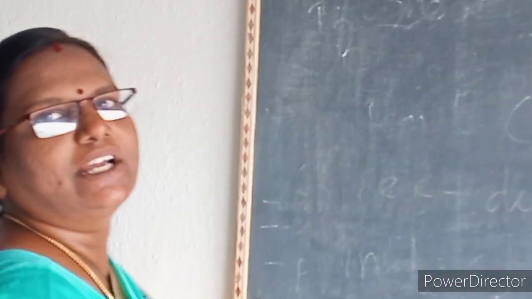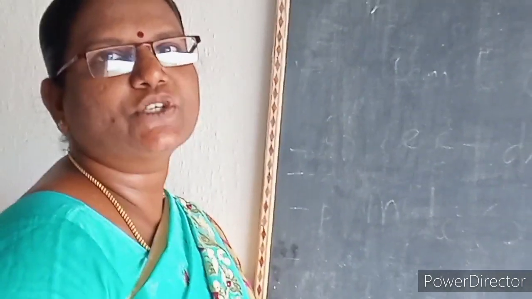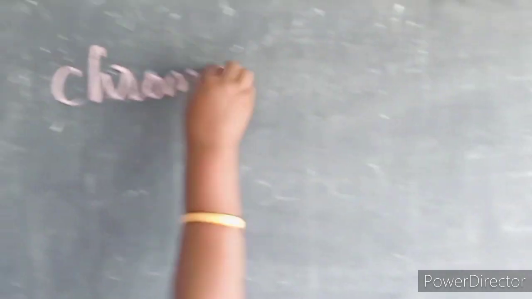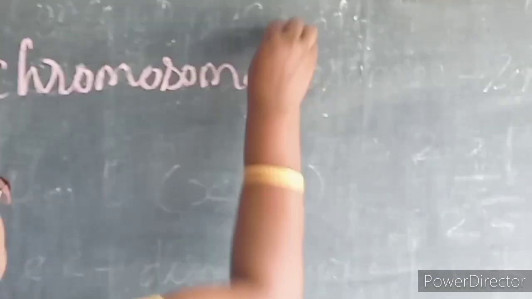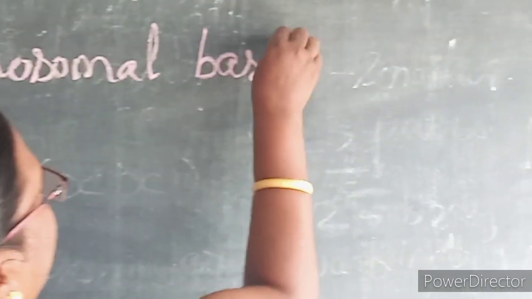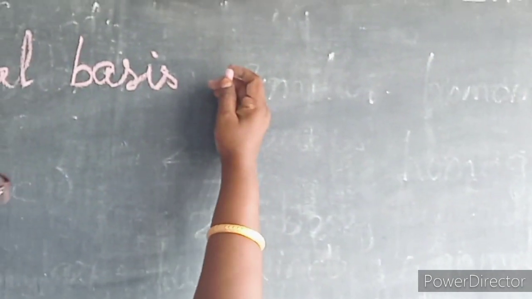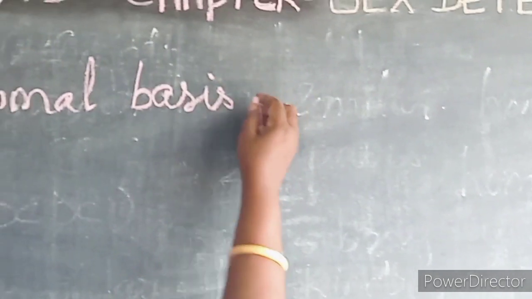Next we will learn about the chromosomal basis of sex inheritance or sex determination. In this class we are going to see how to differentiate the male and the female.